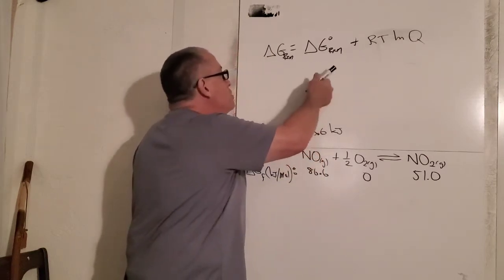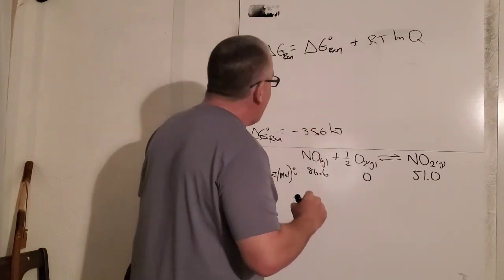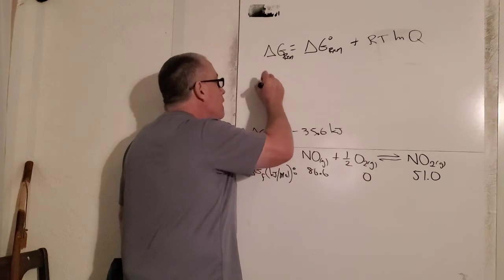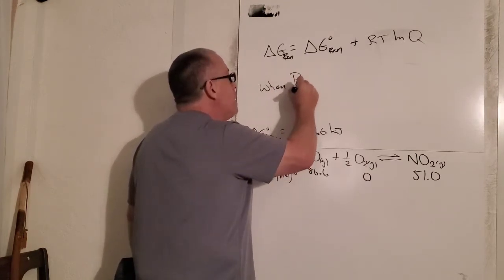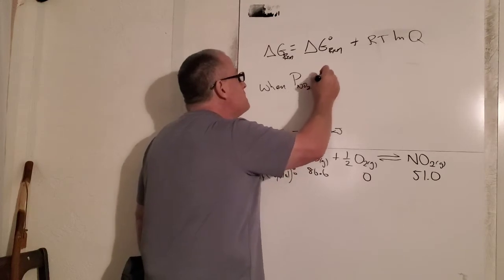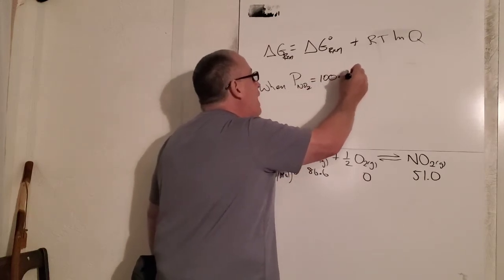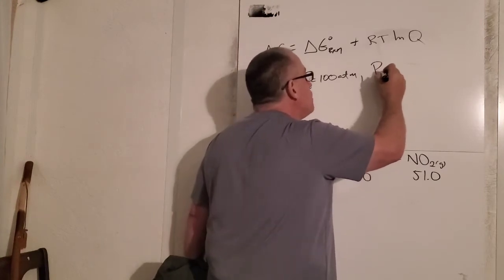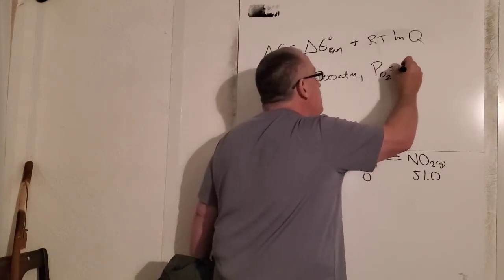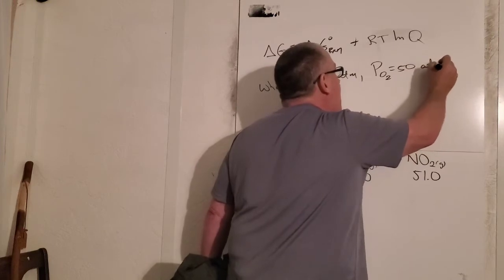So let's say I wanted to know the Gibbs free energy for this reaction when the partial pressure of NO2 is, let's say, 100 atmospheres. The partial pressure of the O2 is 50 atmospheres.